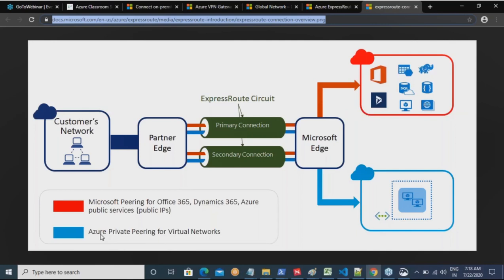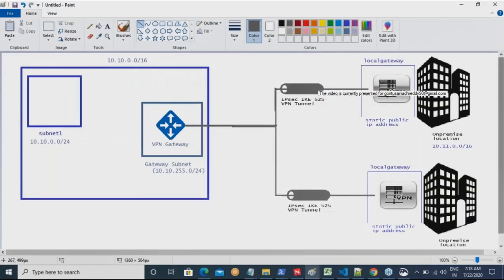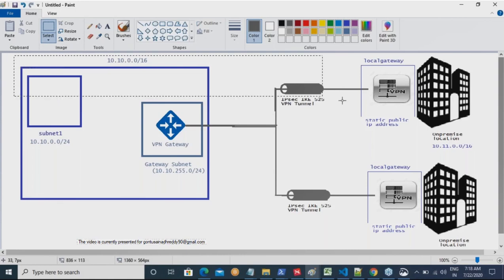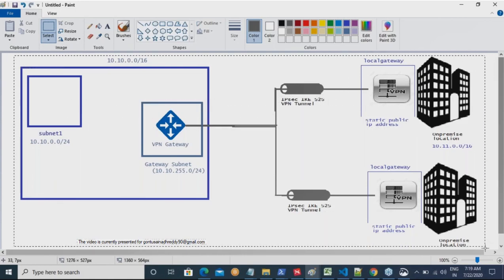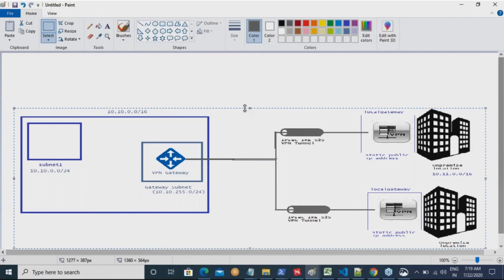Now, if your organization has taken an Express Route, then let me cut down on all of this.